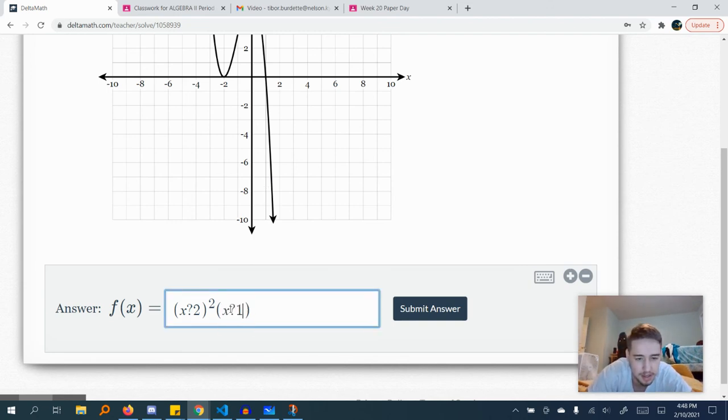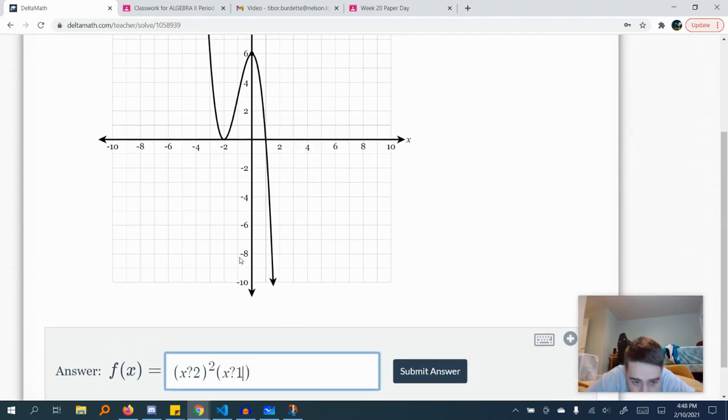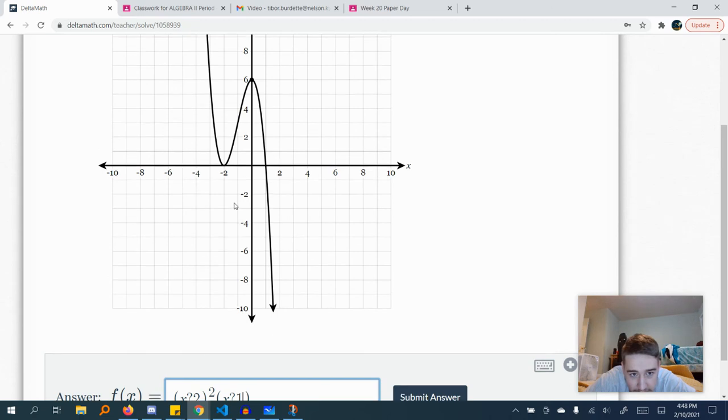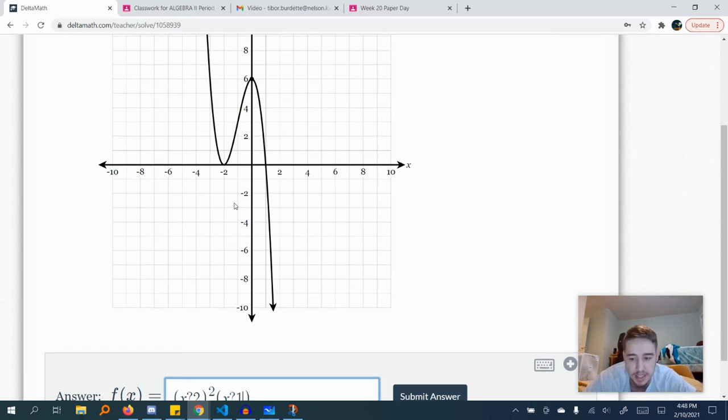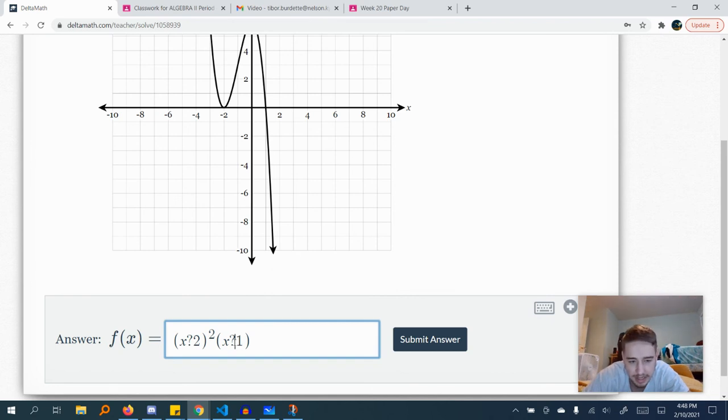So x something 1 needs to be a root. Your job is to figure out the plus and minus. And by your job, I mean whenever it's your turn to actually work this Delta assignment. For me, I will show you that it is x minus 1 because the 1 is a positive root, and x plus 2 because the 2 is a negative root.